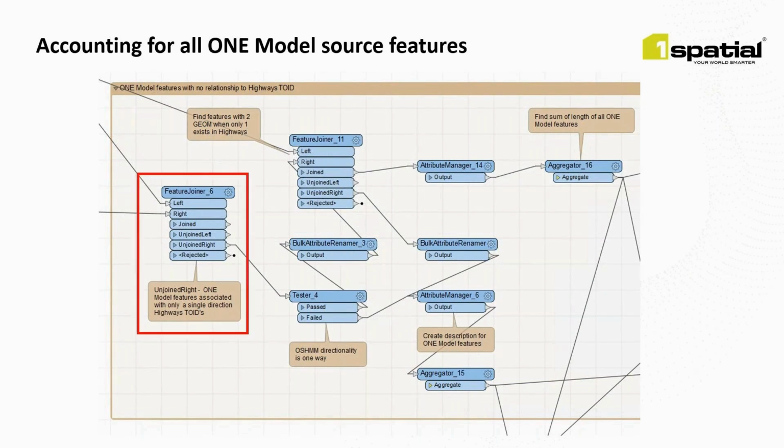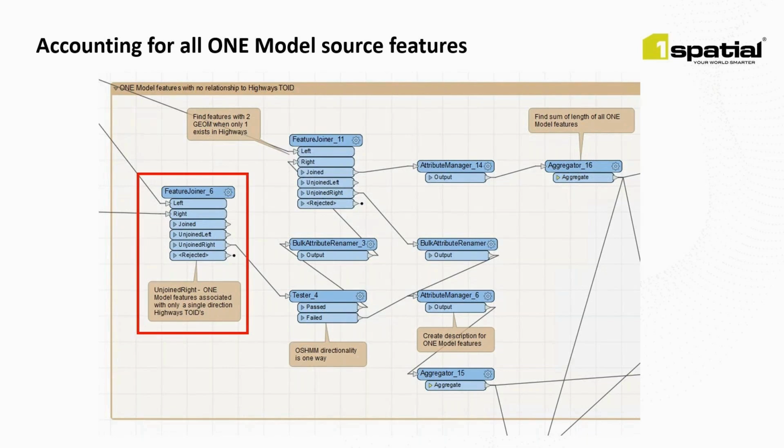So this found that there were instances within the One Model where corresponding geometry would match but not in the correct direction. In this scenario, the One Model feature was defined as unmatched, as there technically was no Ordnance Survey geometry that it could match on when we take direction into consideration. So yes, it may have matched on road name, but that wasn't enough.